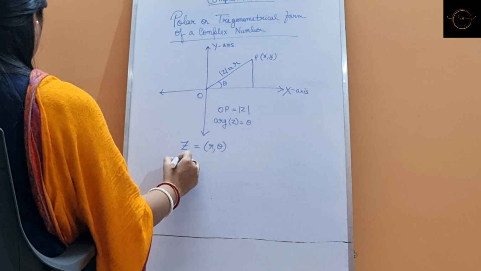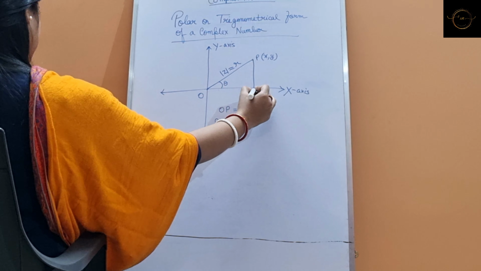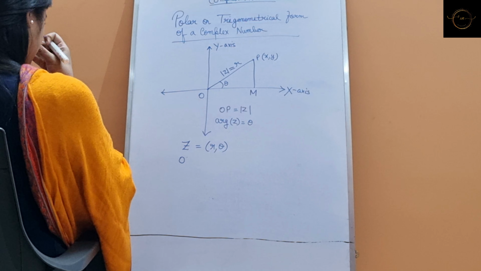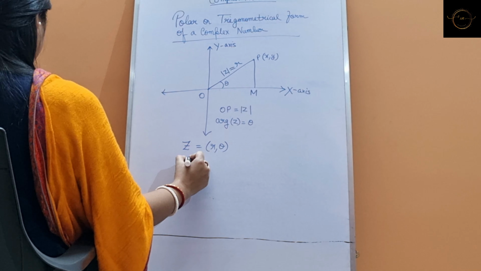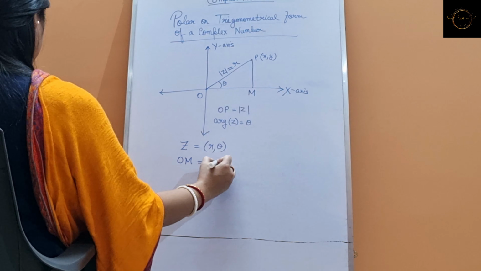From the above figure, this point I am taking as P, and this point suppose I am taking as M. So can you tell me the value of OM? OM is equal to x.